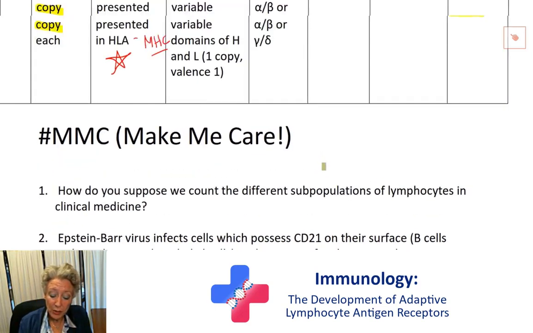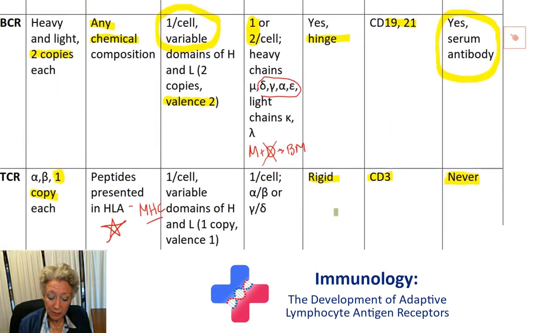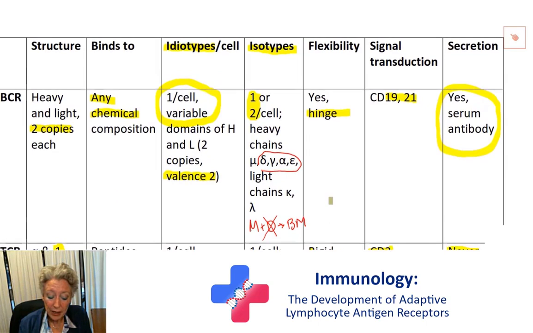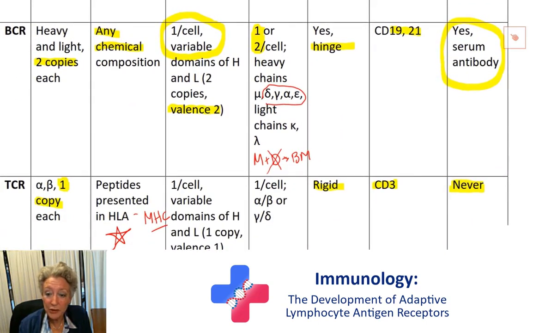Well, if I go back to my table in summary, notice that each one of these structures is absolutely unique to a single B cell or T cell. The receptors that they each have are unique. So I'm not going to be able to use the B cell receptor or the T cell receptor itself to count entire populations of B cells or T cells.